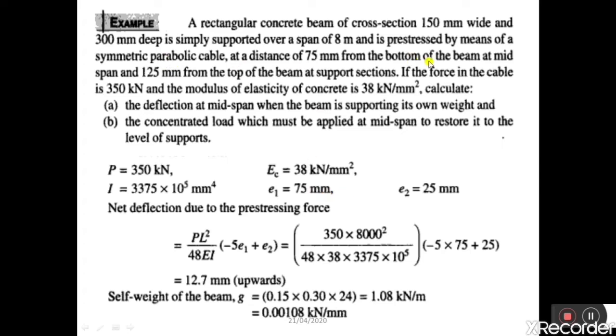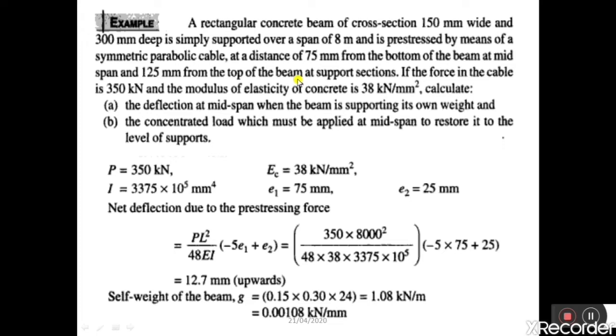And there is one more eccentricity at the supports. So it is given that 125 mm from the top of the beam at the support section. So from the top of the beam, we are measuring the distance of the cable at the support at a distance of 125 mm from the top. So from the top means y1 is equal to 150 mm.